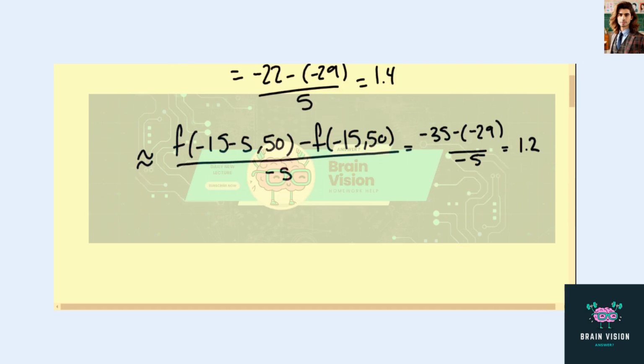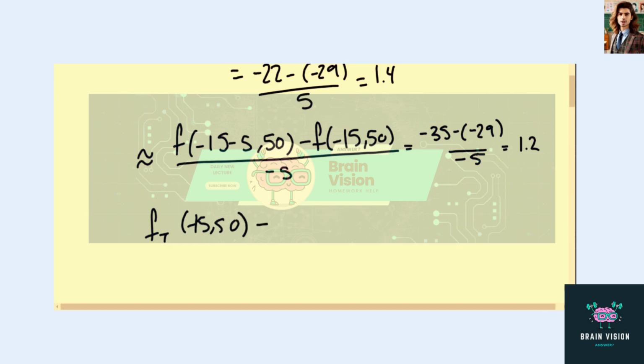Okay, so then we can say that at negative 15, 50, the partial derivative with respect to t is going to be roughly equal to 1.2 plus 1.4 divided by 2, so that should be 1.3.